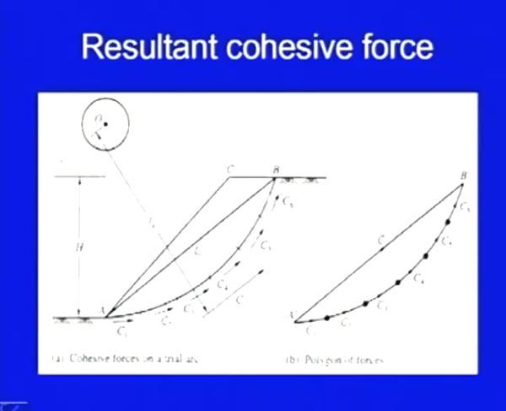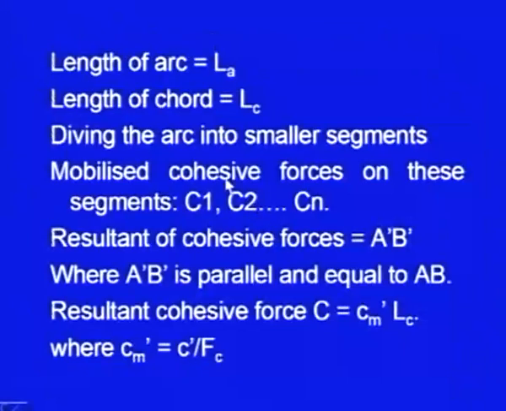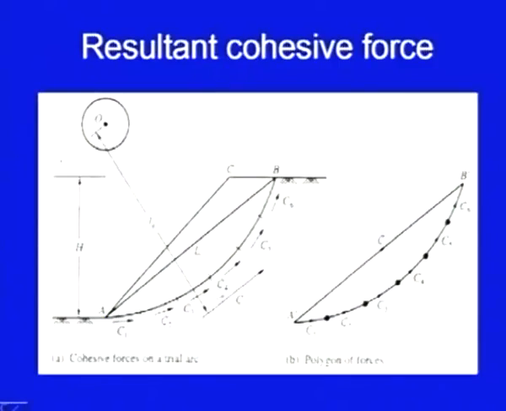AB is the chord here. Let us say the length of the arc is LA, this is the length of the arc, and this is the chord, and you know that the length of the arc is always more than the length of the chord.